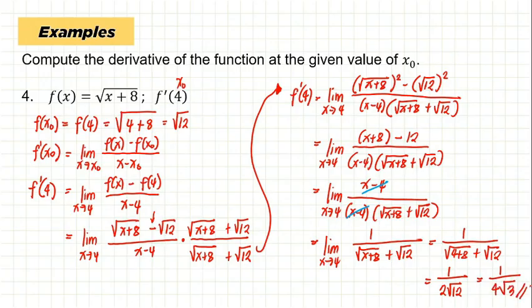You can have this one as your final answer, or you can rationalize this one. If you rationalize, the result should be square root of 3 over 12.